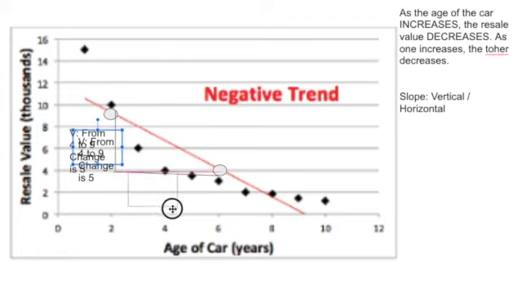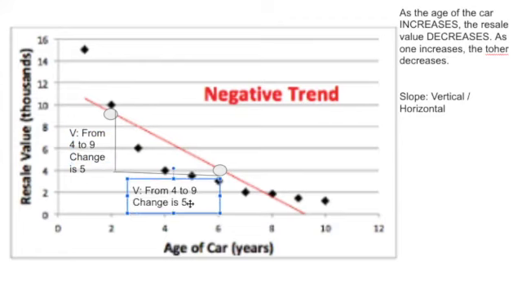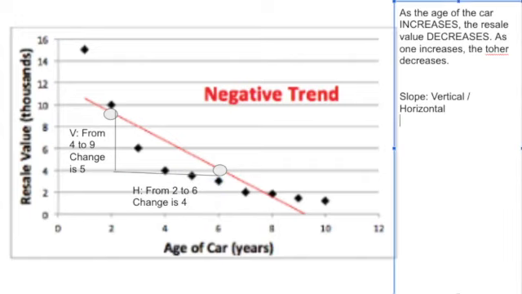And then my horizontal change, let's see, the x value started at 2 and went to 6. So the change is 4. Right, yes. So my slope is 5 over 4, which is 1.25.